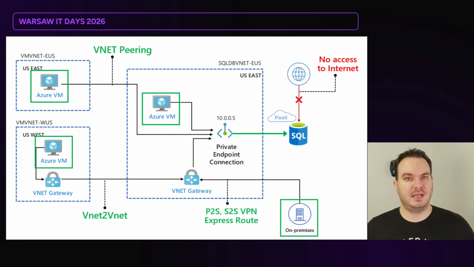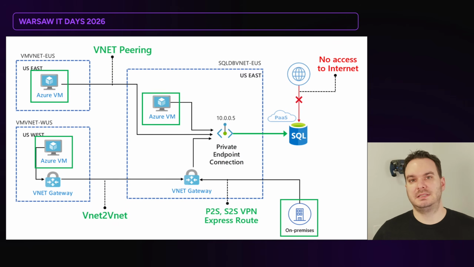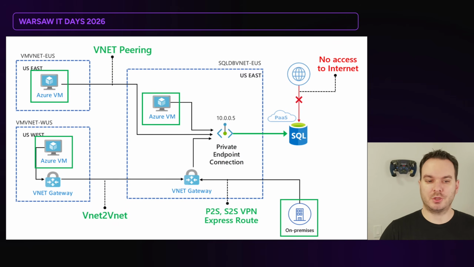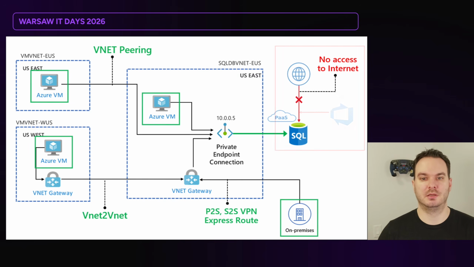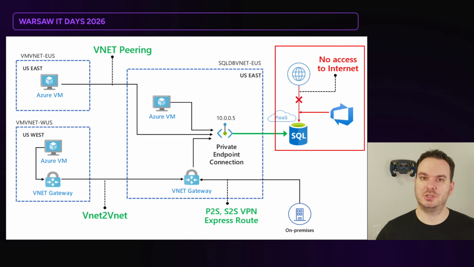So if you take a look at the architecture again, everything you can see here in the green squares, the Azure VMs can connect to our private endpoint, therefore to the database. But our Azure DevOps agent, for example, is living on the internet. So it would connect over the internet, and this is not possible.